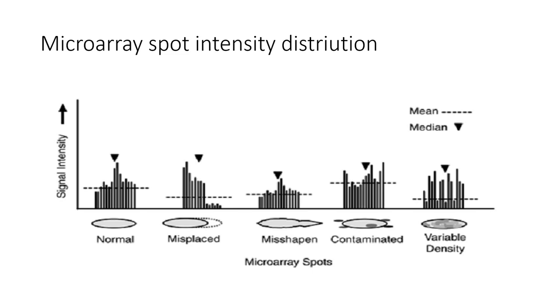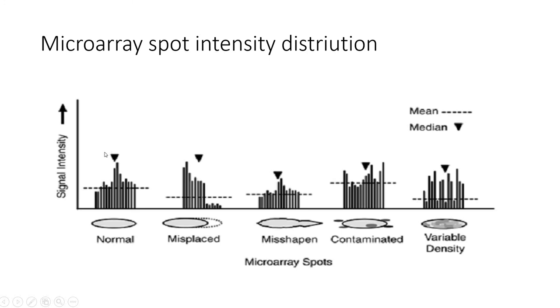We know the pattern: this is the pattern of misplaced, this of misshapen, this of contaminated, this of variable density, and this is the mean and median distribution for normal.